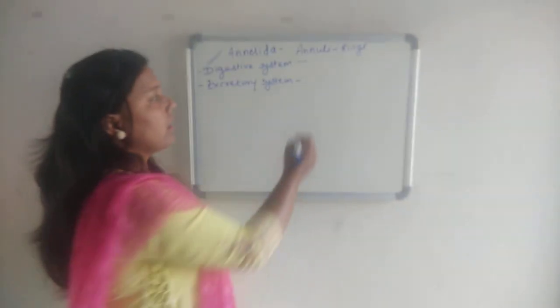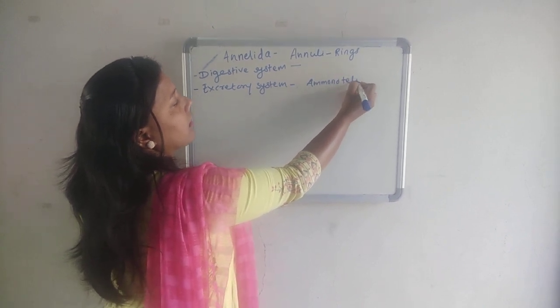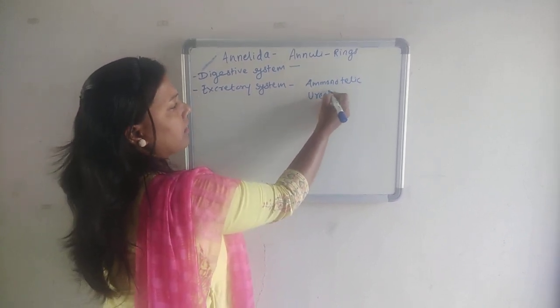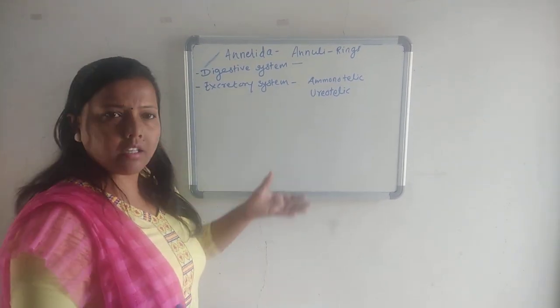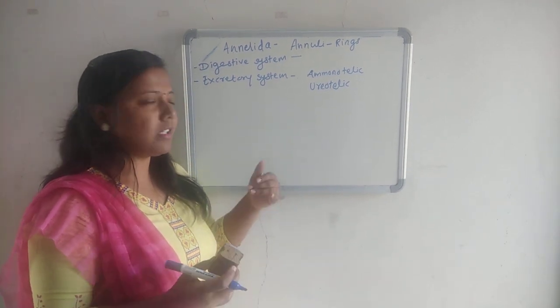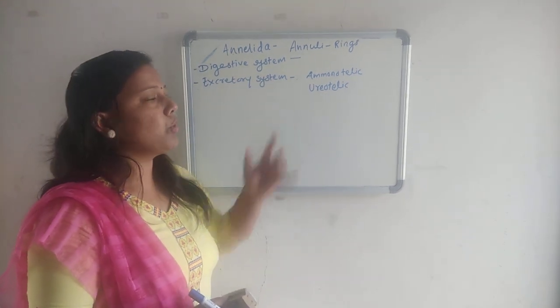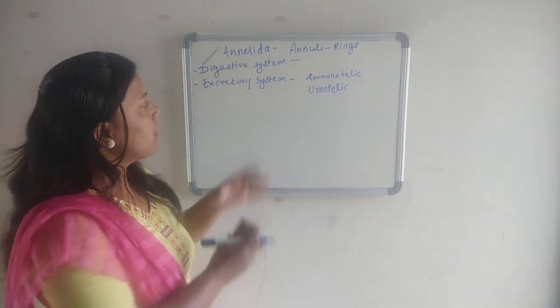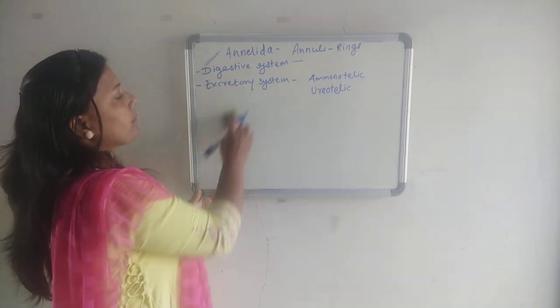Next, about their excretory system. These animals are mostly ammonotelic or ureotelic, depending on their habitat. Those living in water, or in a muddy area where most of the water is present, show ammonotelism, and others show ureotelism. The excretory structures are called nephridia.